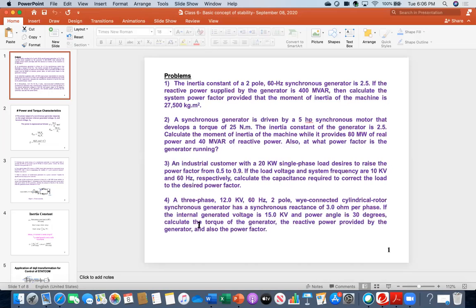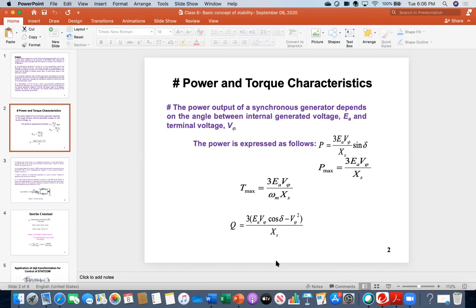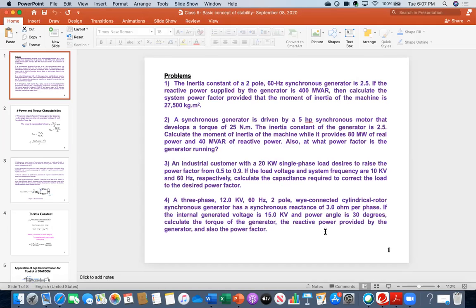So the first answer you are asked to calculate is the torque of the generator. First find out the P value, then calculate the torque. Then find out the reactive power by using the other equation, and then finally the power factor. Three questions: what was the torque, reactive power, and the power factor?